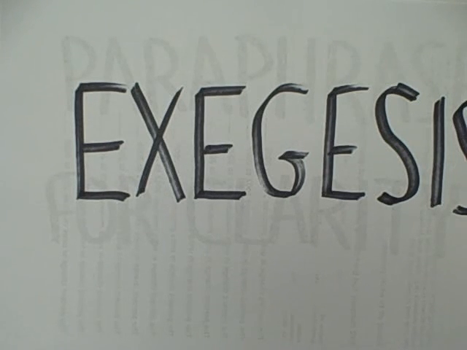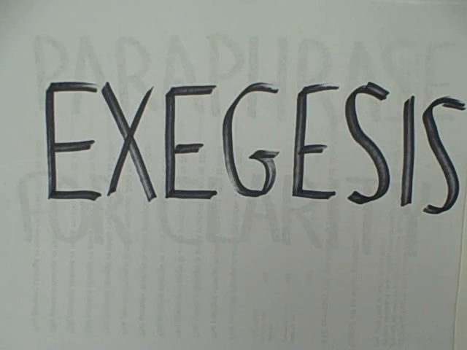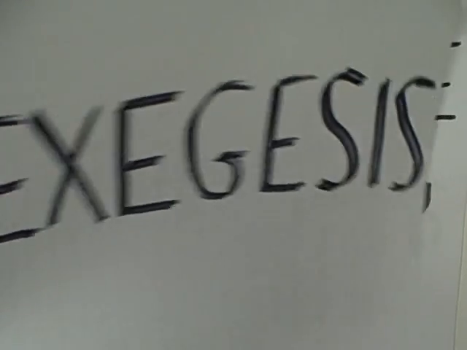Many times, a preacher will give a sermon, which is essentially an exegesis, an attempt to interpret a passage of Scripture so that the most relevant possible interpretation is given.